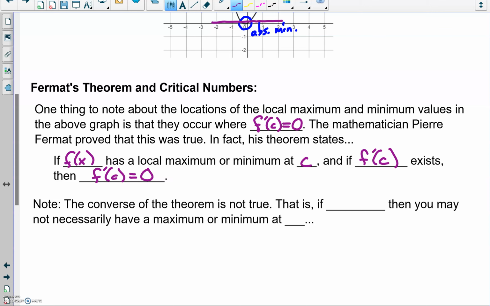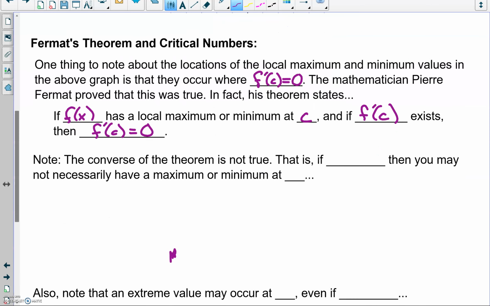If the graph goes up, turns around, and comes back down, at that place where you went up and stopped and then started coming back down, you have a maximum y value. You had to go up to somewhere before you came down, and that would be an absolute max. When that turnaround happens, you're going to have a horizontal tangent line there. The slopes will change from positive to negative as you go up and then come back down.